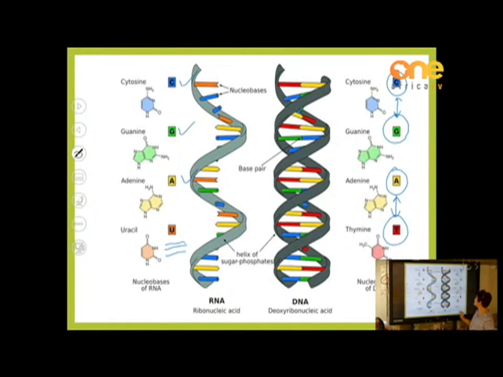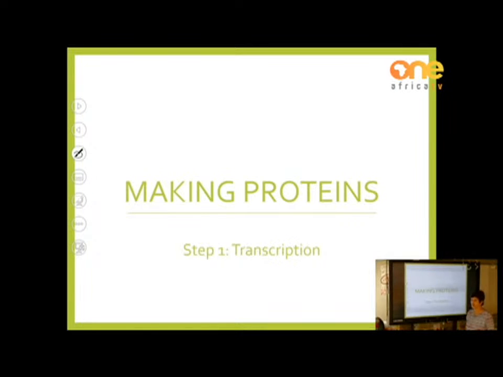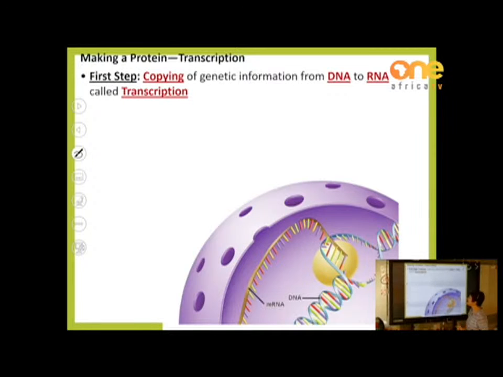So why? To make protein, we need the following to take place. We need transcription. So, transcription means to copy the genetic information from DNA to RNA. We call that transcription.